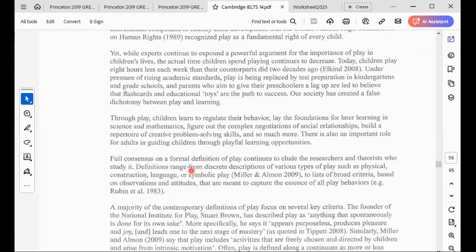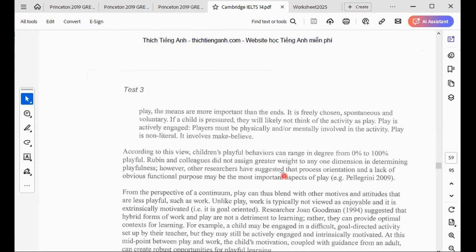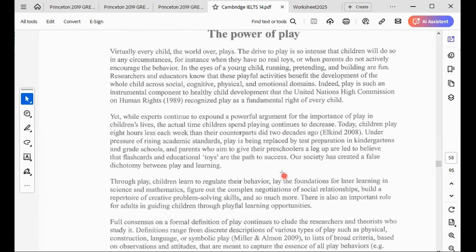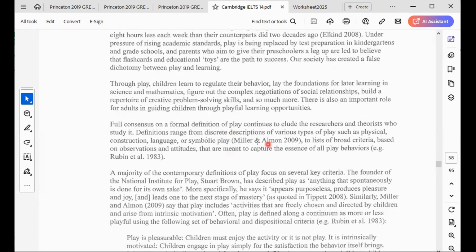There's no name here. Miller and Almond. Is there Miller and Almond on that list? Yes, option B. Miller and Almond is option B. So what did they say? Definitions range from discrete descriptions of various types of play, such as physical, construction, language, or symbolic play, Miller and Almond, to a list of broad criteria based on observations.